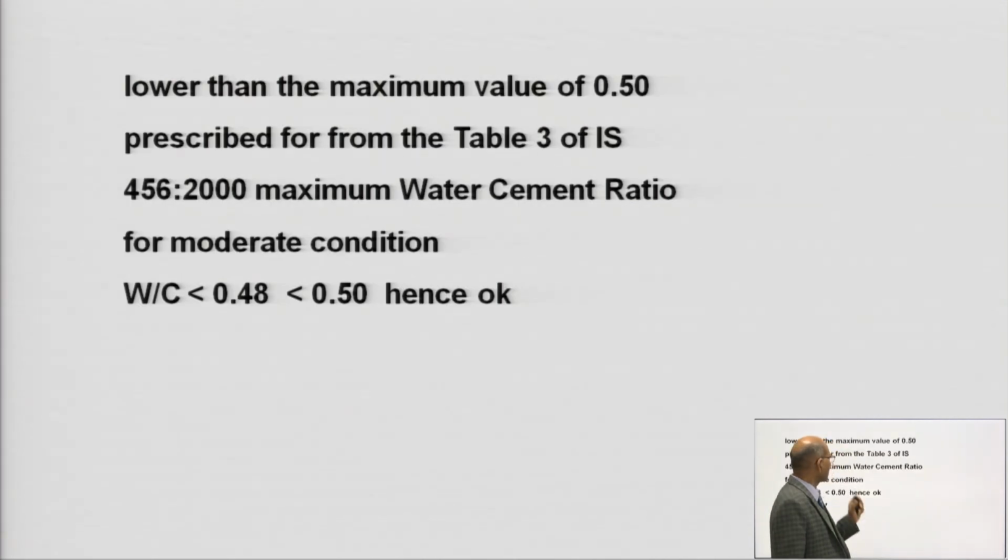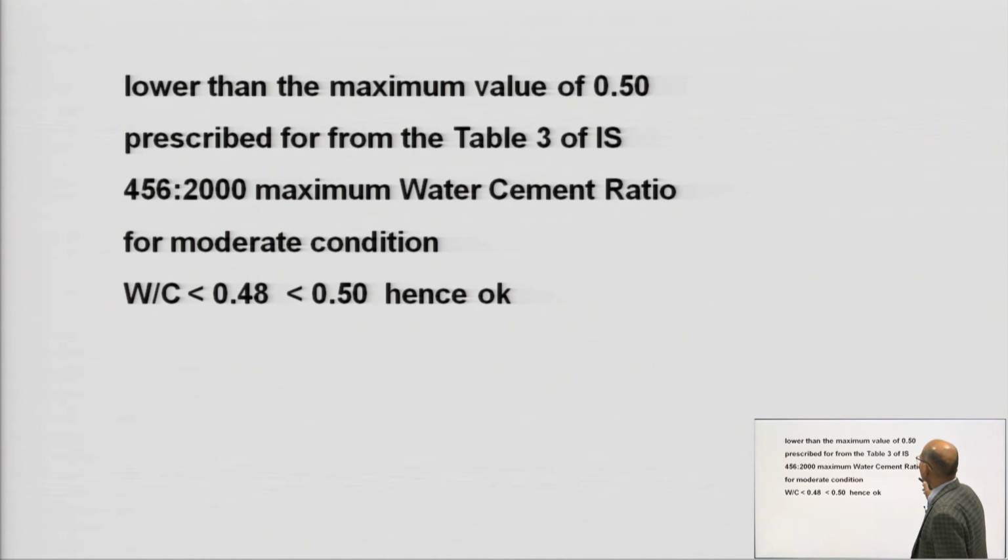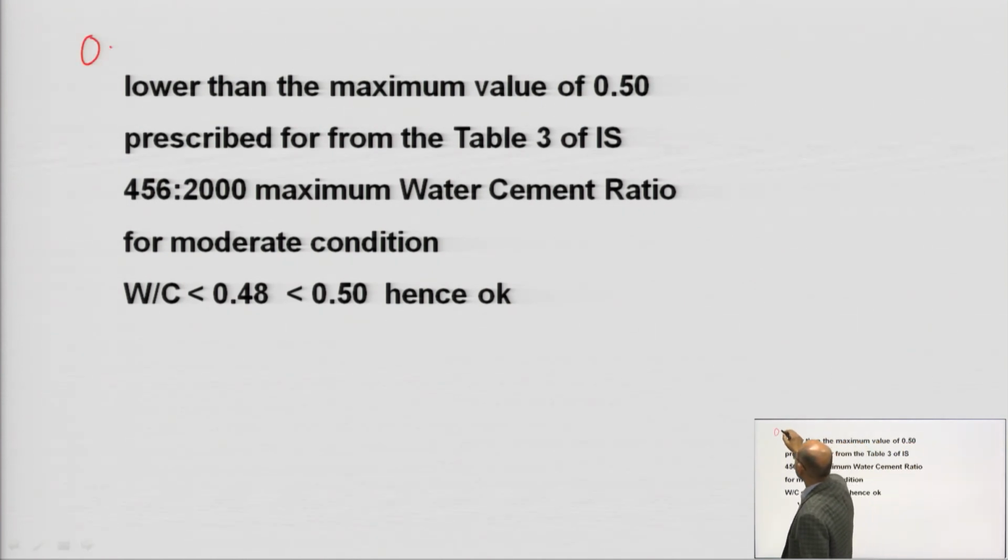So, based on that, what we have got here is a lower value than required for this value. So, what is the value? Our value is 0.48 water cement ratio required from a strength point of view. Okay.